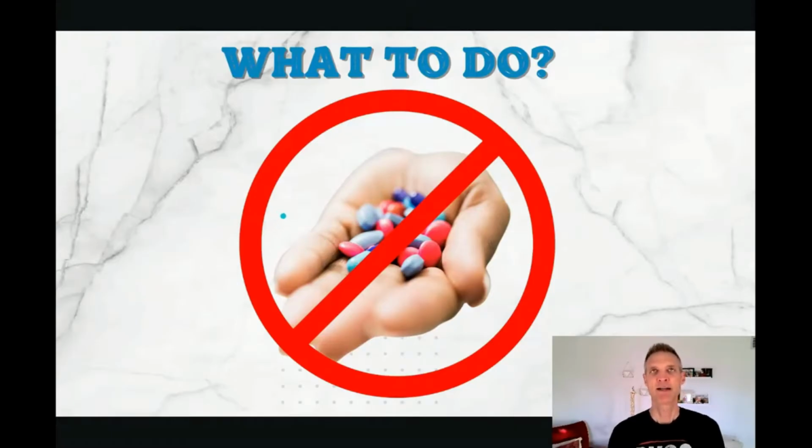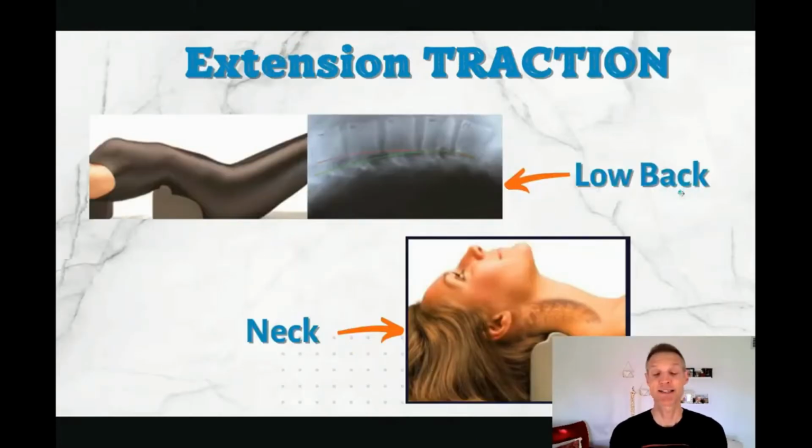And an important and new development, if you will, is called extension traction. You can do it in the low back, neck, and mid back. There are different forms of traction depending on the area of the spine. I'm going to show you a couple of studies that show how it was used with radiculopathy.